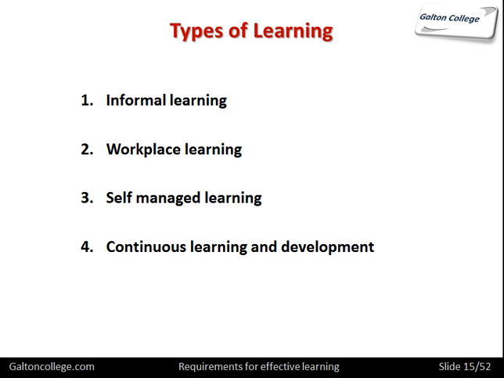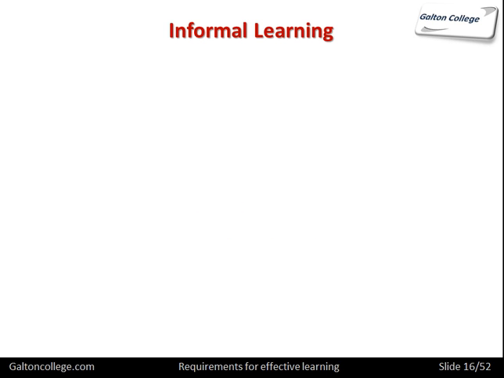So here we're looking at 4 types, and these are particularly relevant in the context of training and company-related activities for trainee development and for personnel development. We'll start by looking at informal training, or informal learning I should say, sorry.